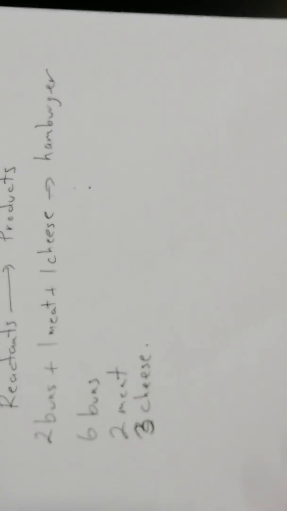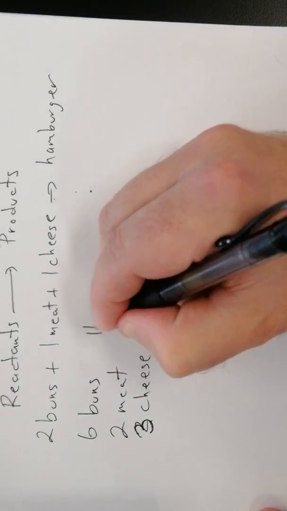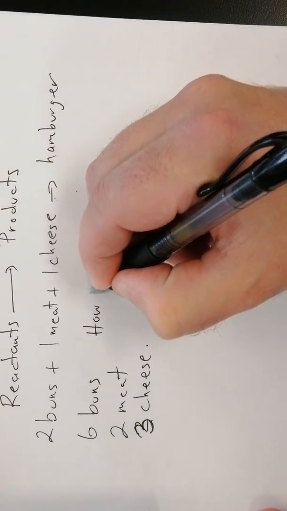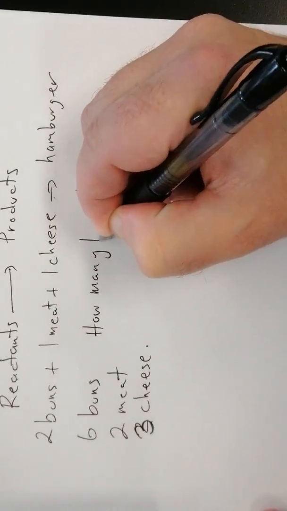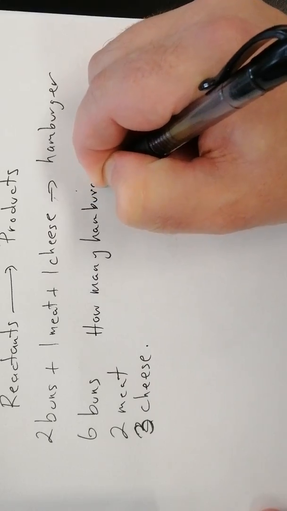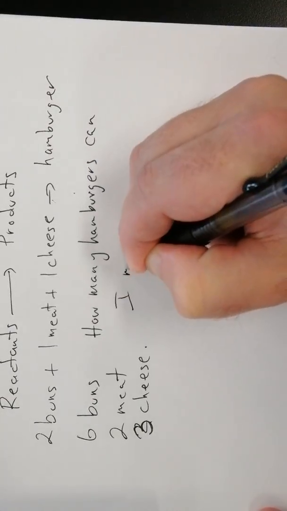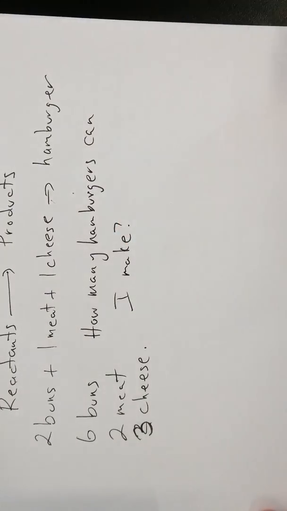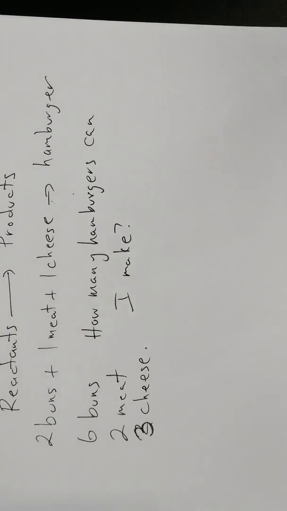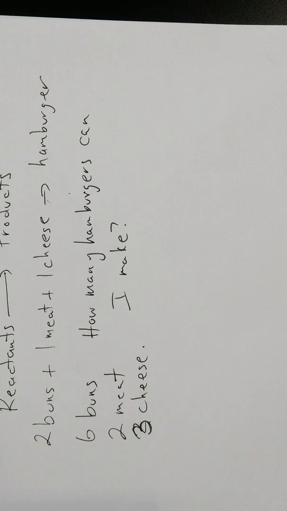And then I want to determine, if I have this many ingredients, how many hamburgers can I make? I want to make the maximum number of hamburgers I can, given the ingredients that I have.